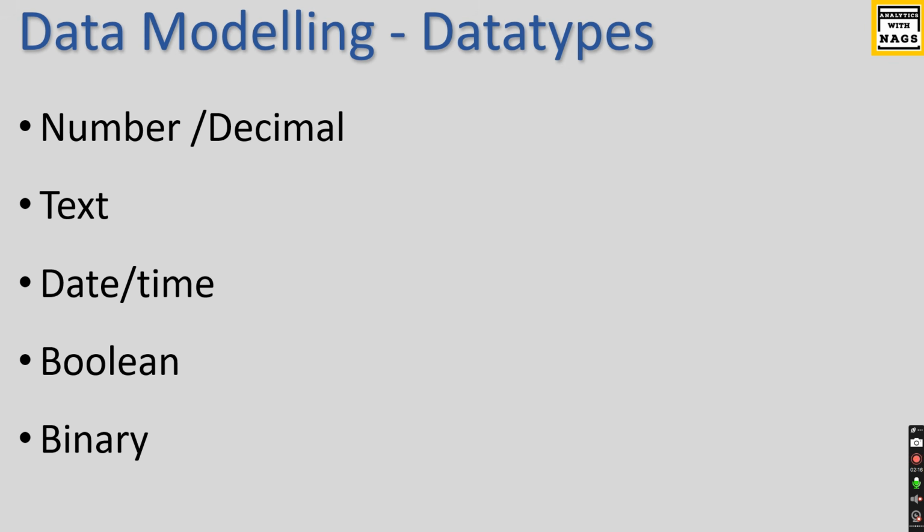When it comes to Excel, most of the data types are detected properly. Sometimes, based on the data available, your data types may be mismatched between Excel and Power BI, so you need to fix this in Power BI. These are the available data types: number, text, date and time, and boolean, whether it's true or false. Binary is binary data.